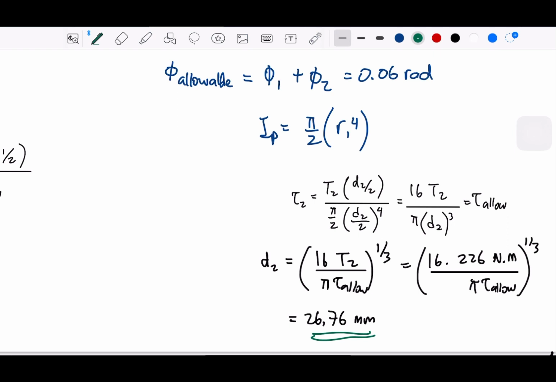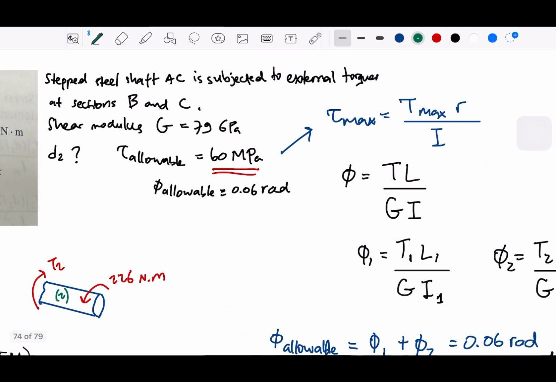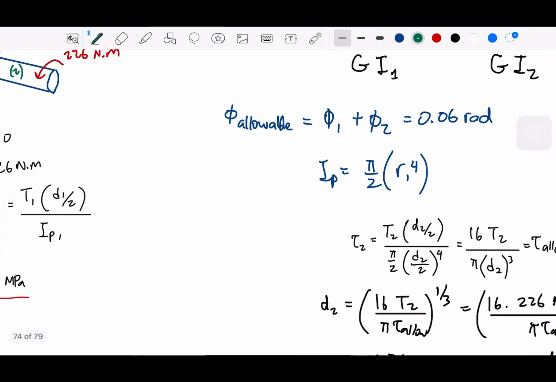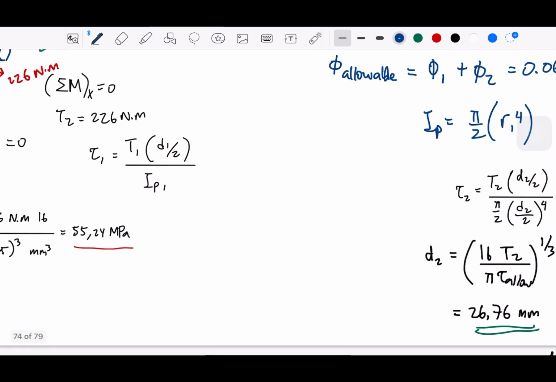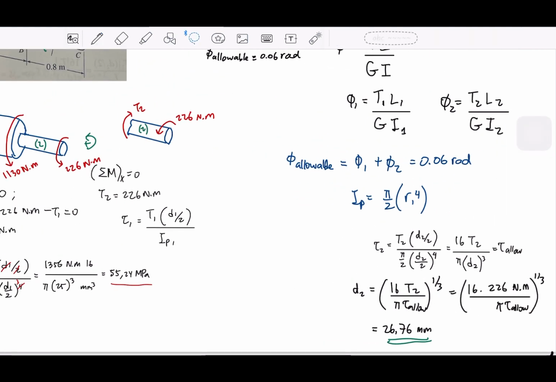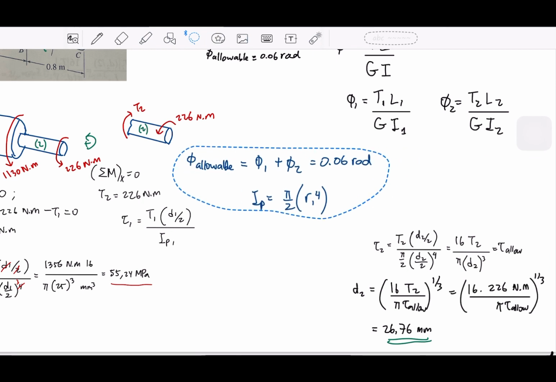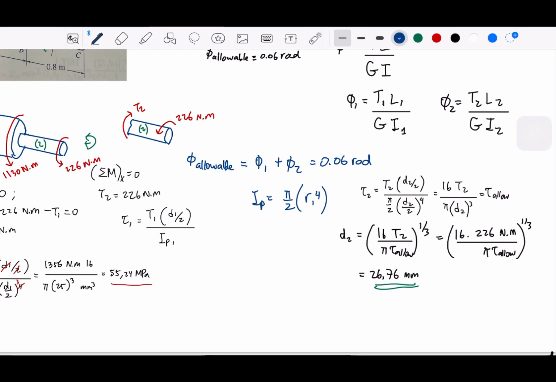it seems this is the solution, but then we need to also require that the twisted angle doesn't exceed the 0.06 radians, right? So we need also to check the allowable for the geometric. Okay, let me put this here. So this is D2.